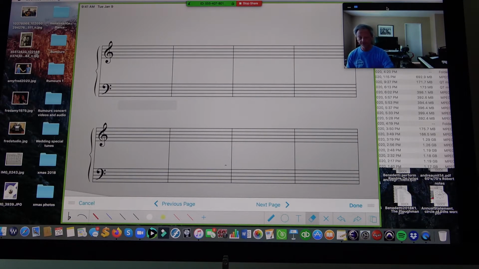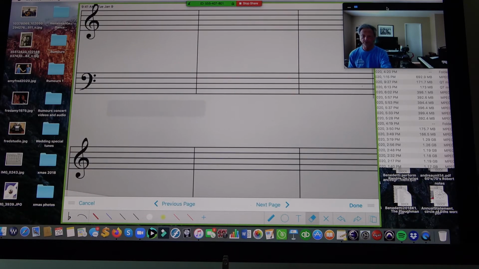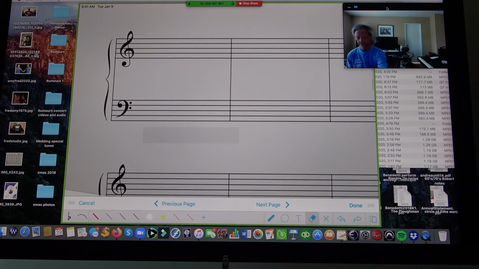I'm taking this interval, the G to a G, lowering that down by one whole step to create an interval of a minor 7.